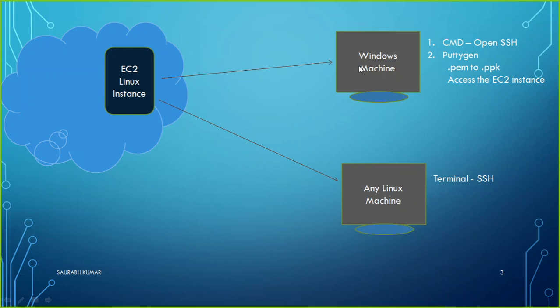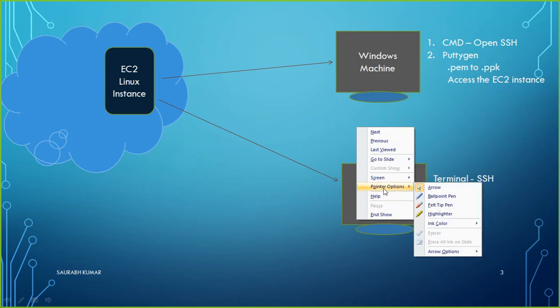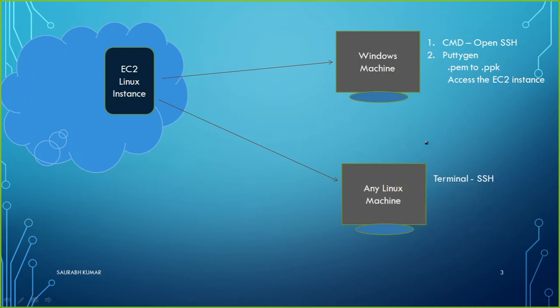If you are using a Windows machine, you can use these methods. First, you go to the command prompt and run SSH there. Second, you can use PuTTYgen. Third, one more thing I can add from my side, we can also use the browser-based method.